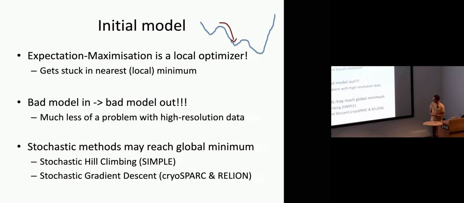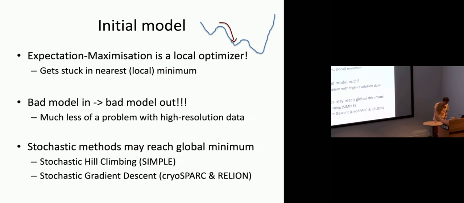And then we have similar algorithms now in ReLAM too. So nowadays you can start from a blue ball, which is basically calculated from random orientations of all the particles, and still get a good model out. It also helps that once you get a good structure, you can see all the main chains and the side chains, and you have a good structure. Whereas previously, when we got stuck in the blobology area with 20 angstrom reconstructions, you never could distinguish what's a good blob from a bad blob.